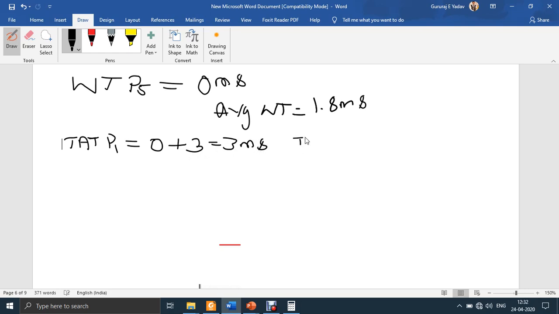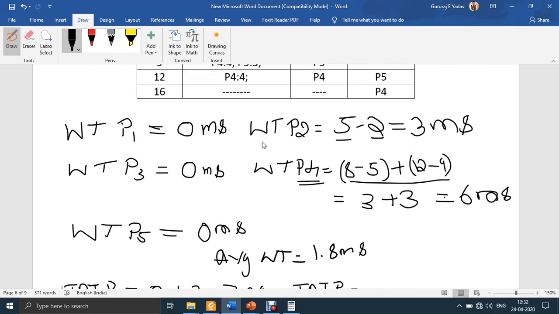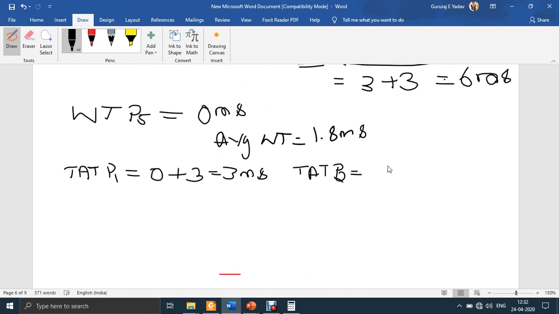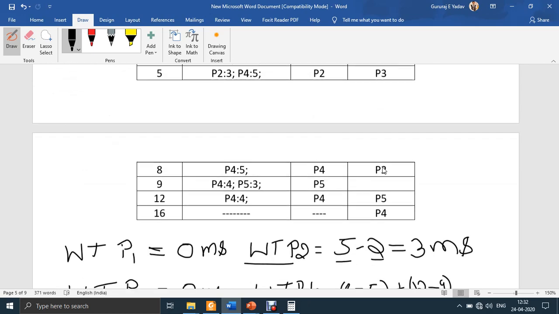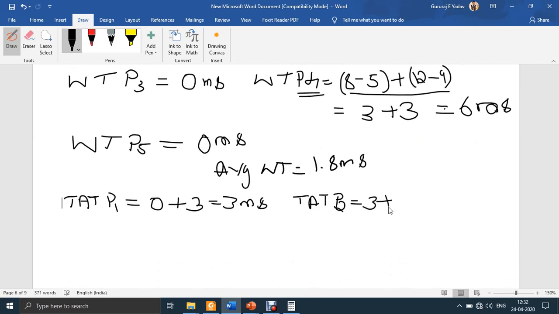So next, TAT for P2. Waiting time for P2 is 3 milliseconds. And what is the service time for P2? Go back to this table. Service time for P2 is 3 again. So it is 3 plus 3, it is 6.